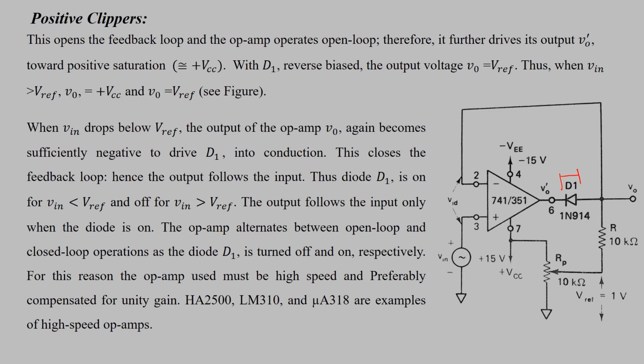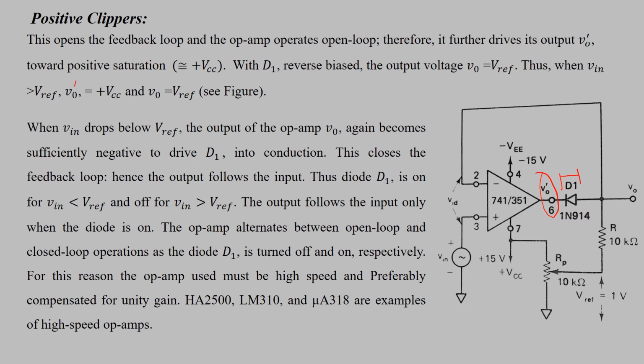It further drives the output VO dash towards positive saturation. So when D1 is reverse biased, the output voltage becomes equal to the reference voltage. Thus, when the input is greater than V reference, VO dash is plus VCC and the output voltage of this circuit becomes equal to the reference voltage.